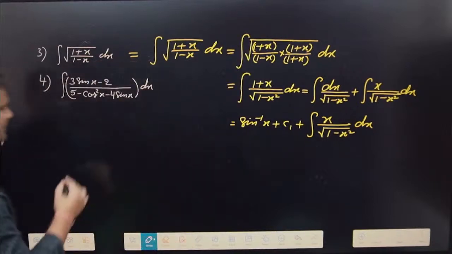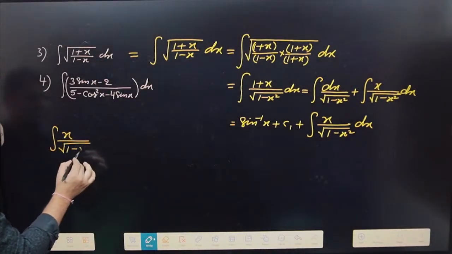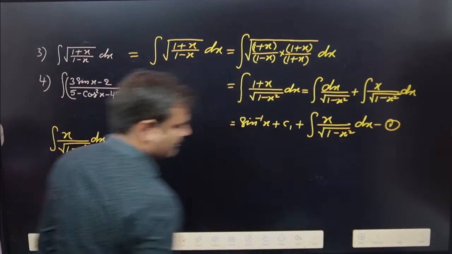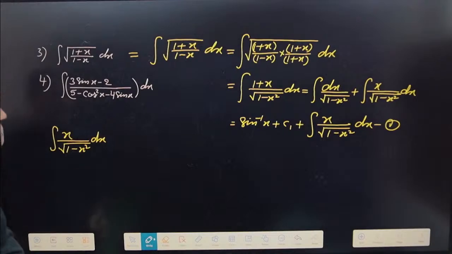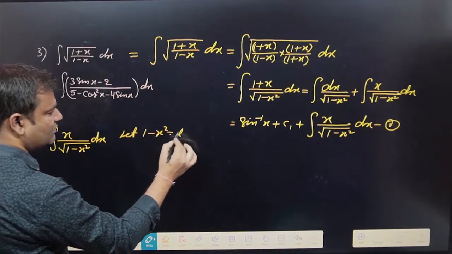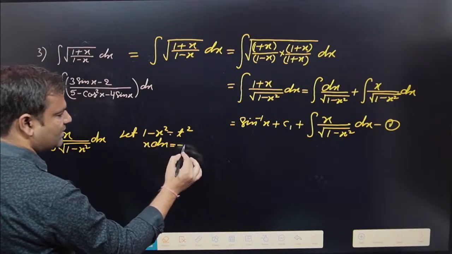Now we have focused on that part, x upon under root 1 minus x square dx. That is equation number 1. How can we do it? Simply let 1 minus x square be equal to t square. So x dx is replaced by minus t dt.